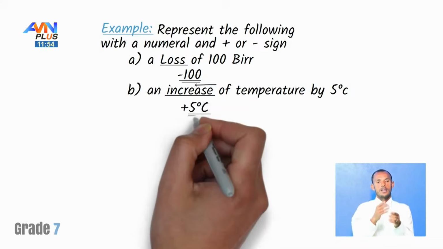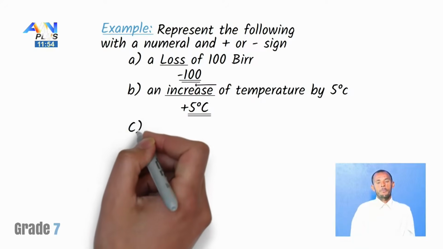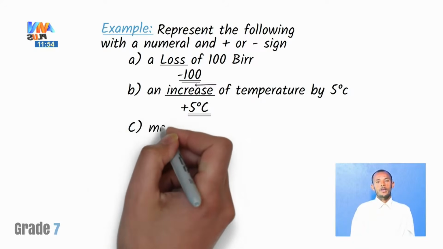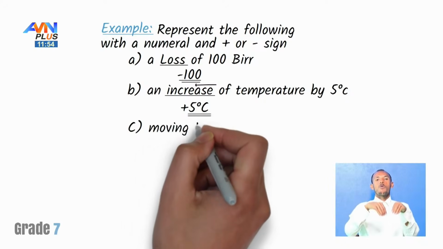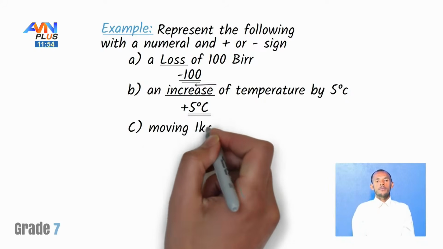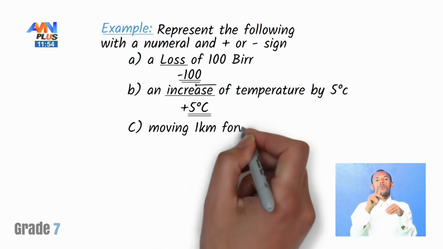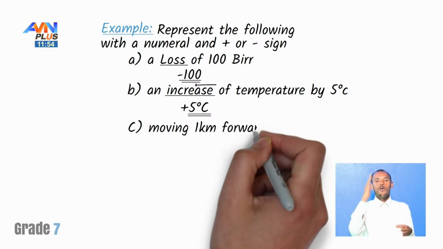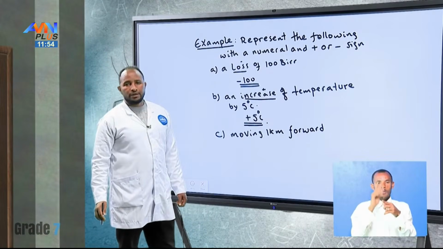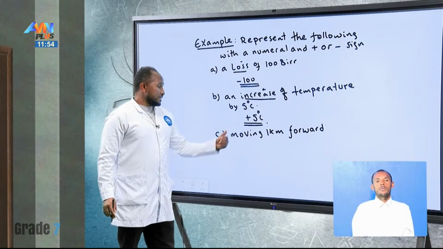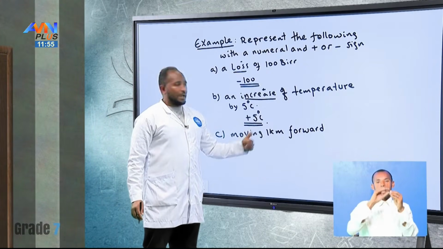Let's proceed to C. Moving 1 kilometer forward. Please represent this with a numeral with plus or minus sign.